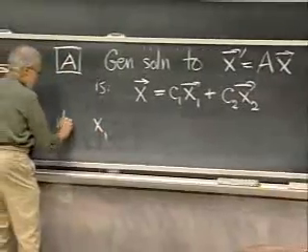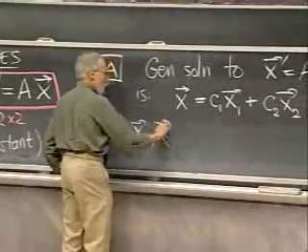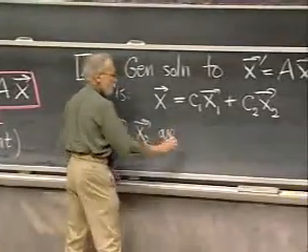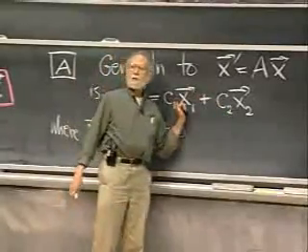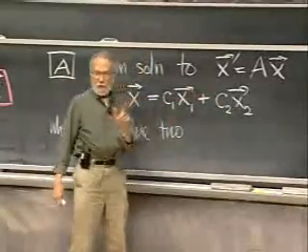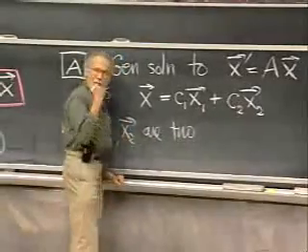Where x1 and x2 are two solutions, but neither must be a constant multiple of the other. That's the only thing I want to stress. They have to be independent, or as it's better to say, linearly independent.